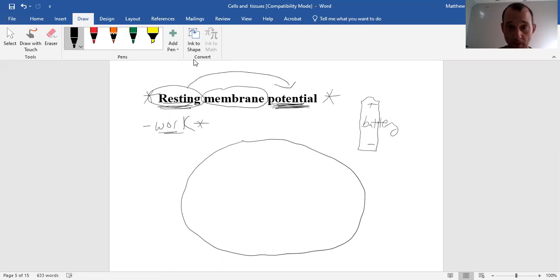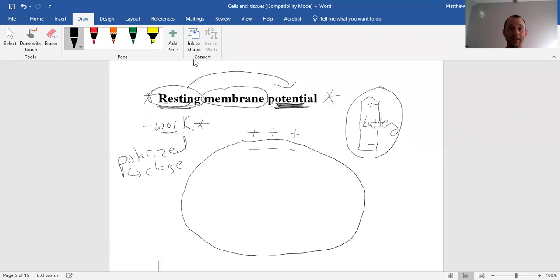And your resting membrane potential is so very much like a battery, because the potential we're talking about is a charge. The potential is work because your cell membrane is what we call polarized. In other words, it has a charge, and the outside is positive compared to the inside.